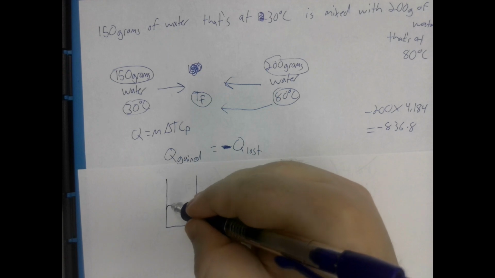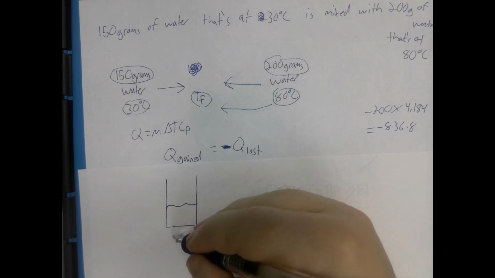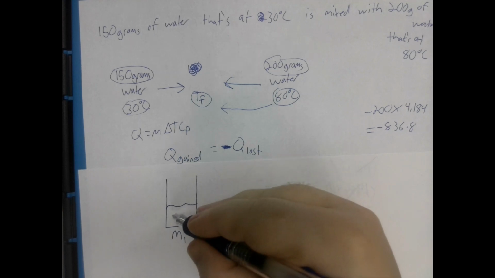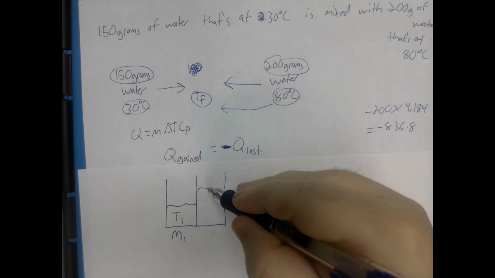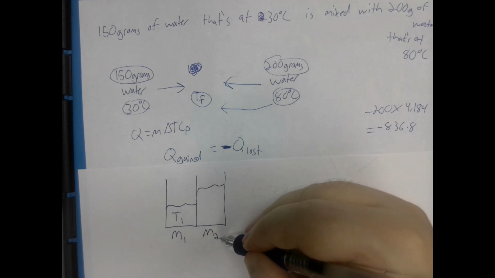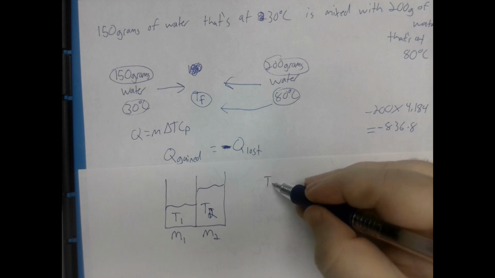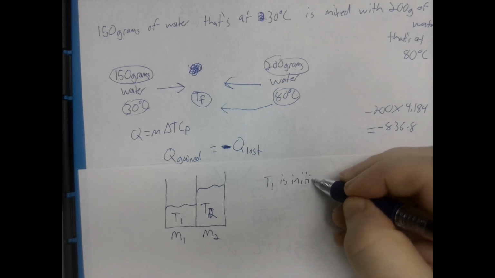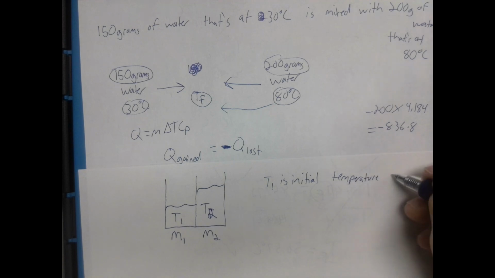We can imagine it as a glass of water that has a mass M1 and a temperature T1, and we're putting it next to another glass that has a mass M2 and temperature T2. So T1 is the initial temperature of the left water.